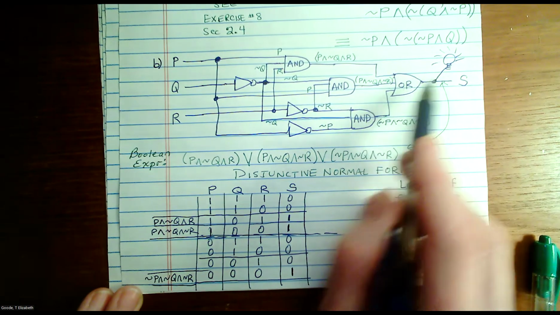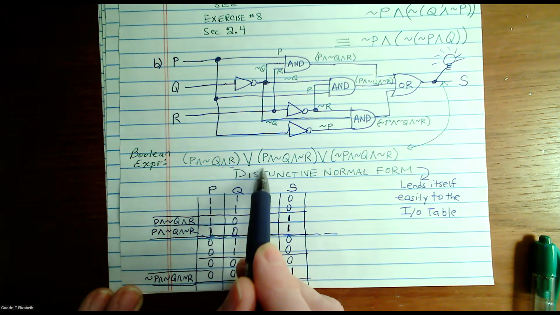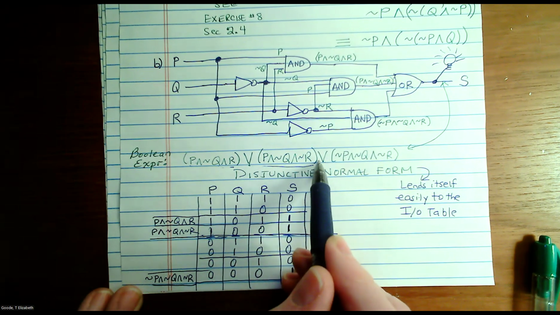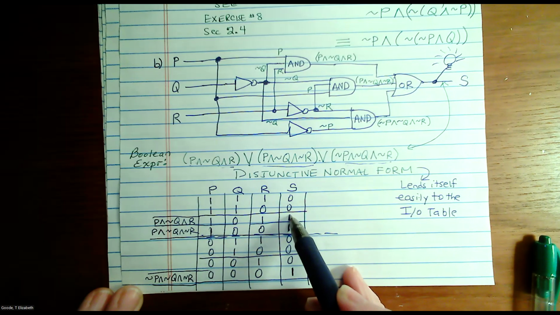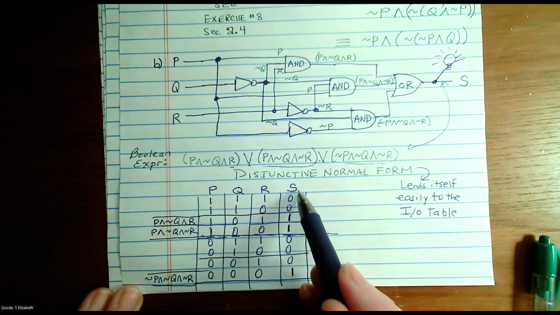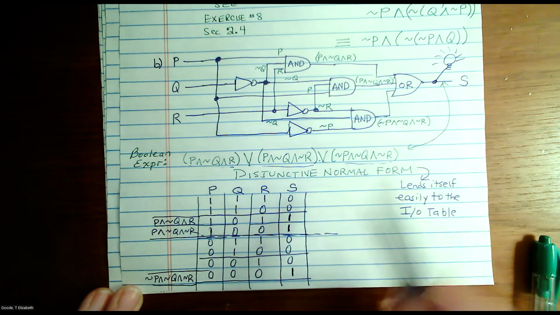It should light up on this input or this input or this input. So the 1 in the output column means the output is hot and the bulb will light up.